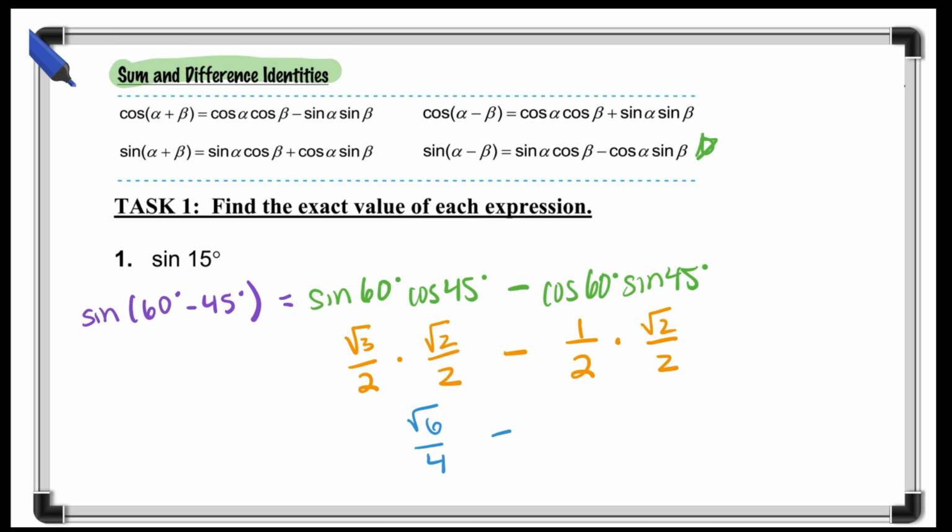And then you are subtracting 1 times square root of 2, which is square root of 2 over 4. Then if you simplify that, you have the square root of 6 minus the square root of 2 over 4. Remember that when your radicals are not exactly the same, you can't add or subtract them. So you can't say this is the square root of 4 over 4.